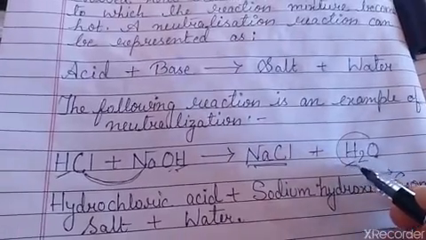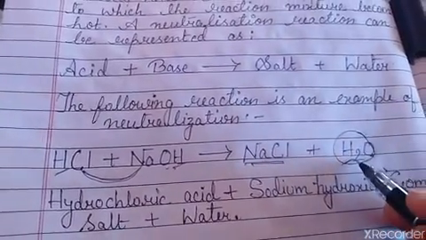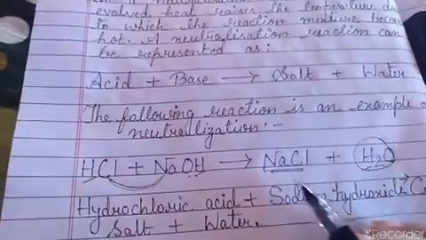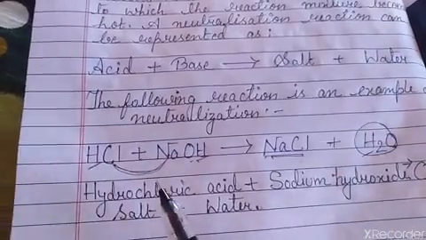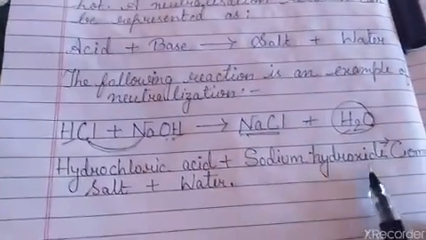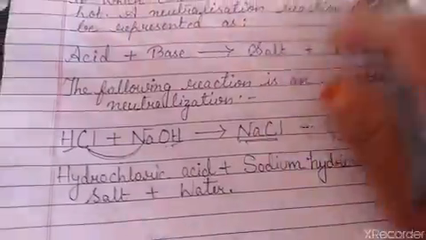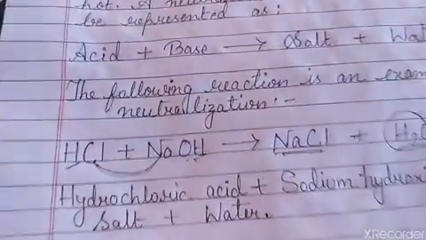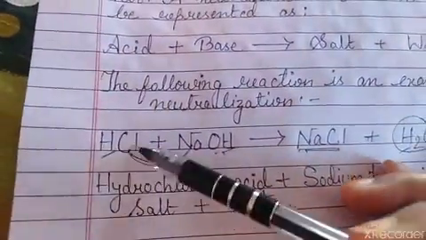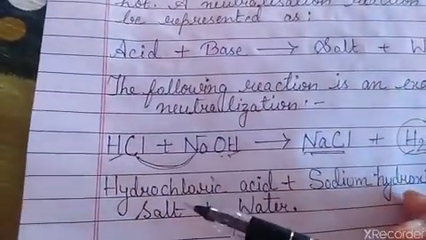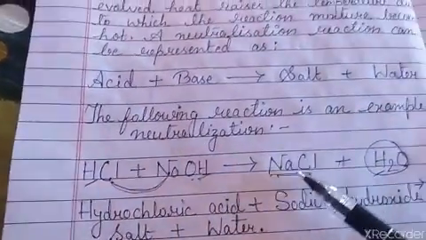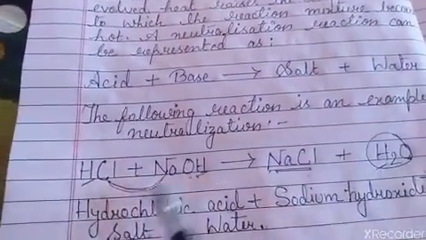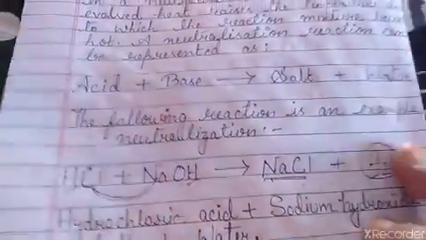Together it makes H2O, that is water. You know this is the formula of water, and NaCl is the common salt. Hydrochloric acid plus sodium hydroxide equals common salt and water. This is the chemical formula of HCl, NaOH, NaCl plus water.